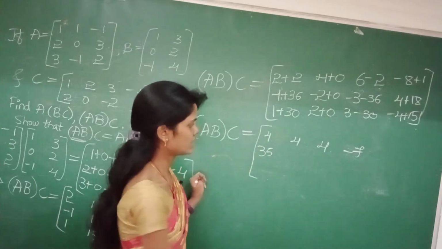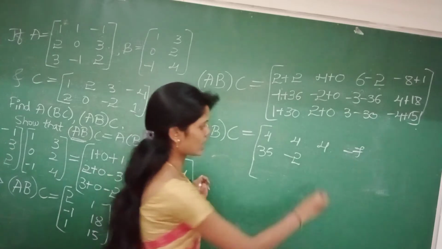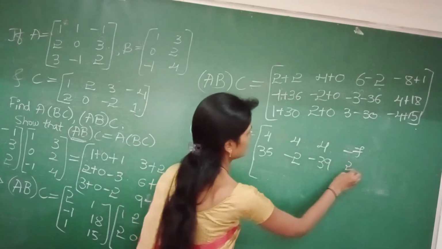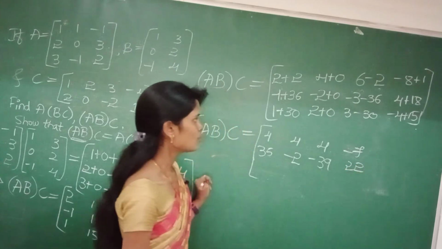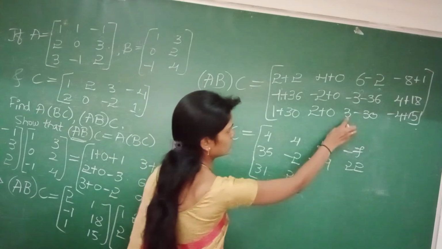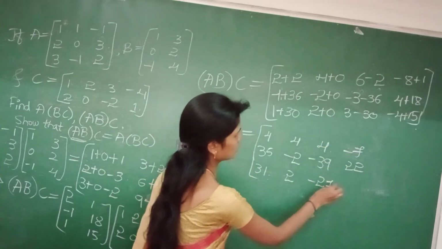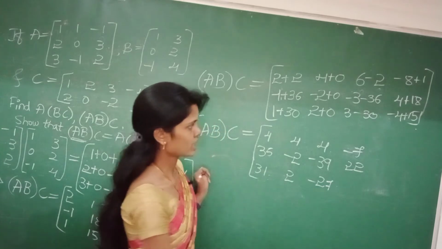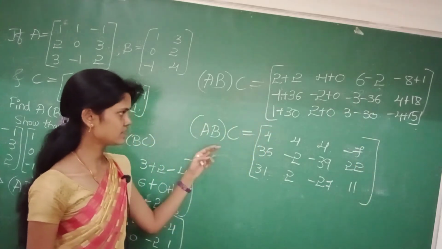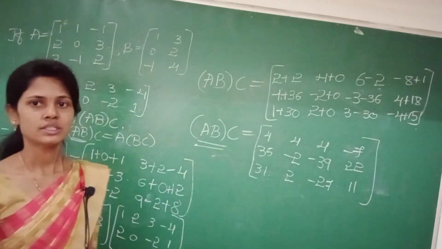Then minus 2, minus 3 minus 36 it is minus 39. 4 plus 18 it is 22. 1 plus 30 is 31. 2. 3 minus 30 it is minus 27 and 15 minus 4 it is 11. So this is the result for AB into C.